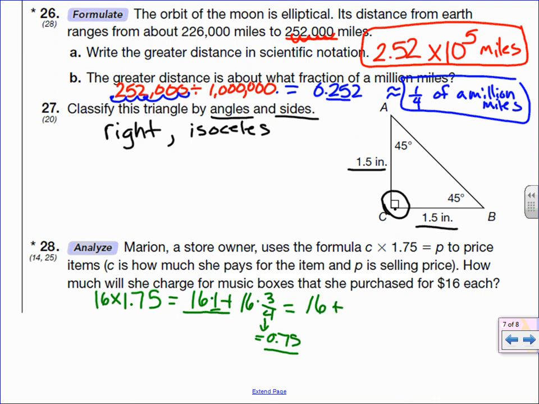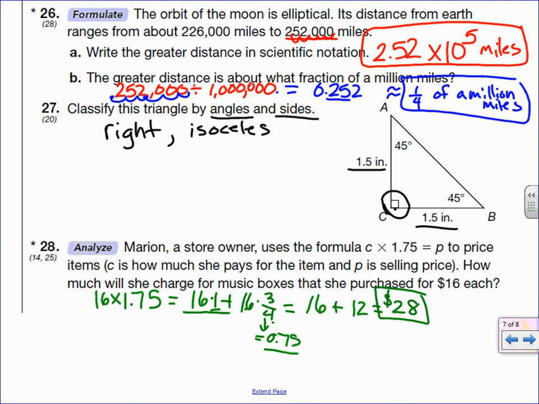And then 3/4 of 16. 16 divided by 4 is 4. 4 times 3 is 12. So 16 plus 12 is $28. So she would sell it for $28.